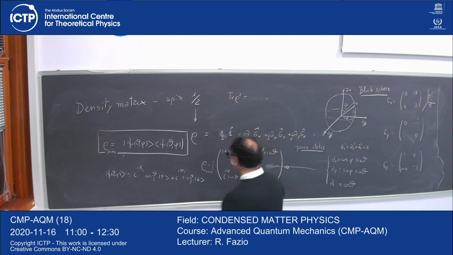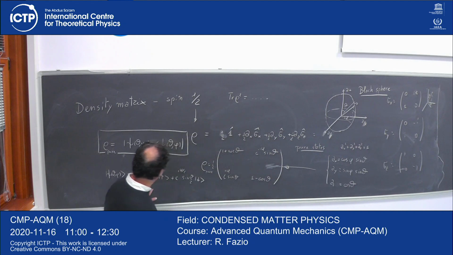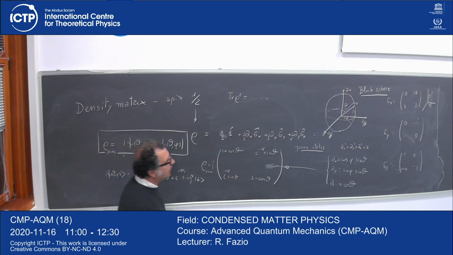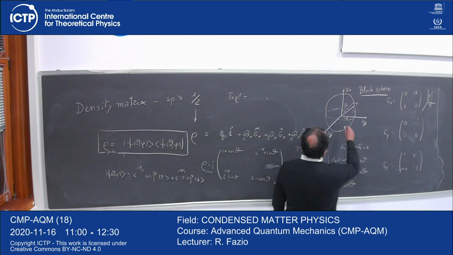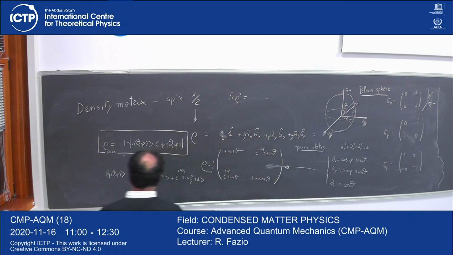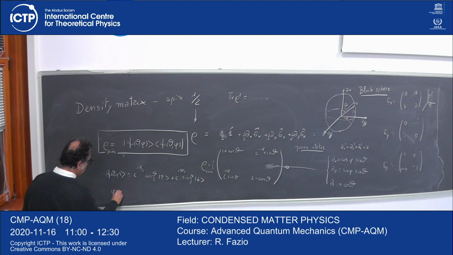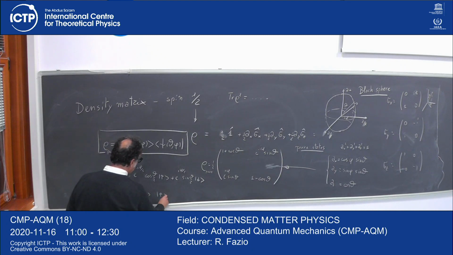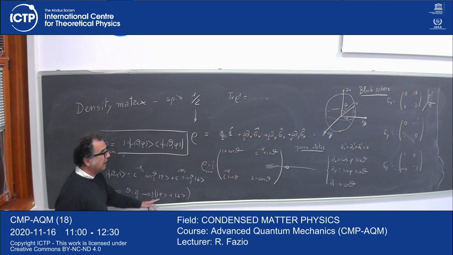Something which I wanted to point out is, for instance, the case in which phi is 0 and theta equals pi over 4. Here, the state will be up plus down, over the square root of 2.